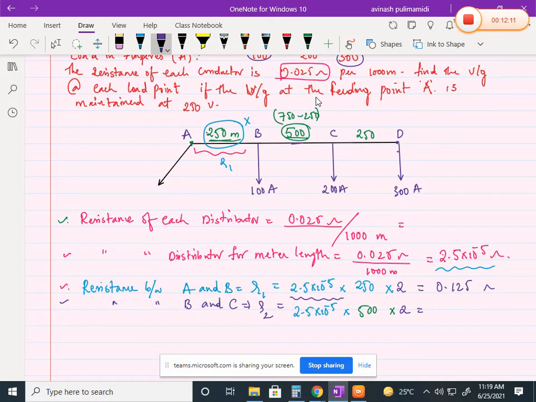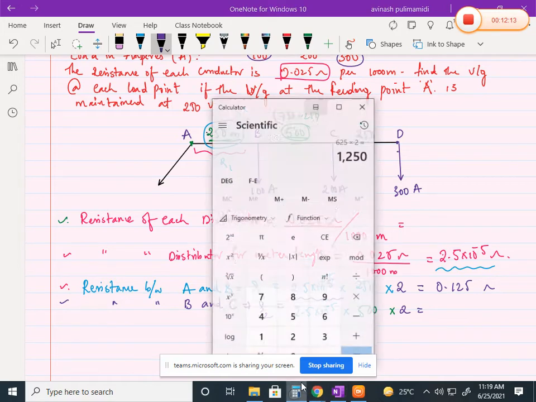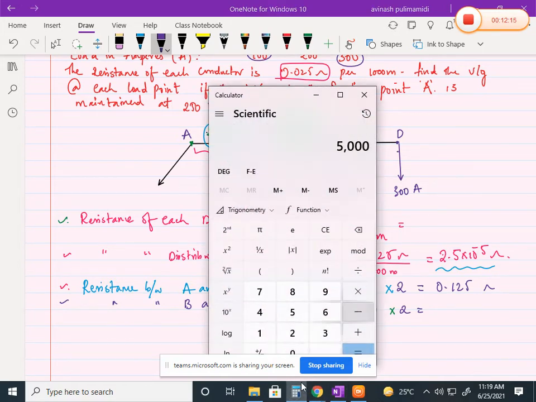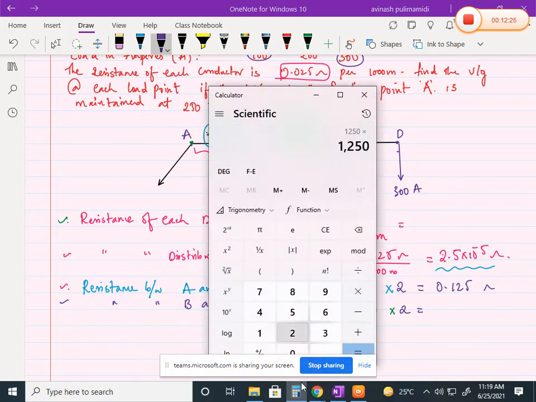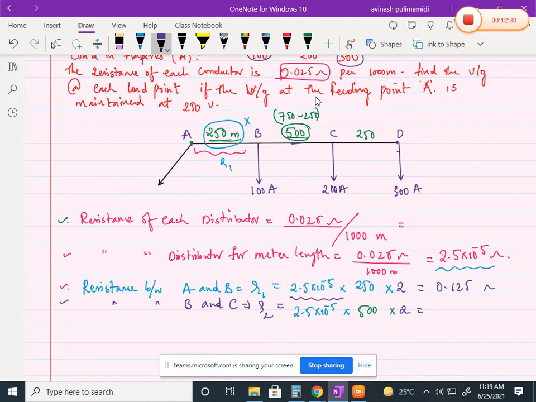How much is the value we get here? 500 into 2.5 into 2 is 0.025 ohms. So AB is done, BC is done.